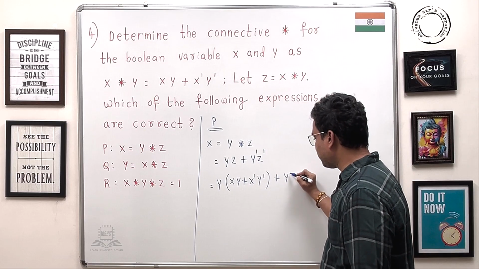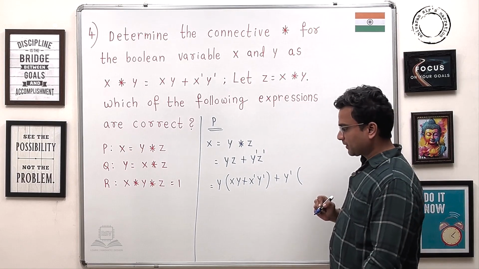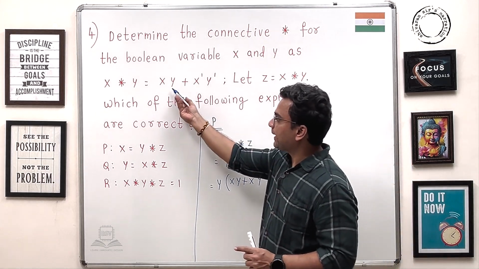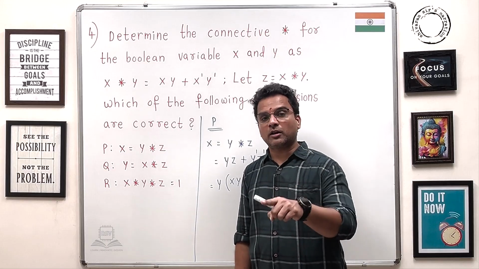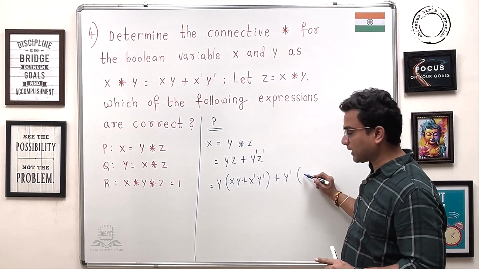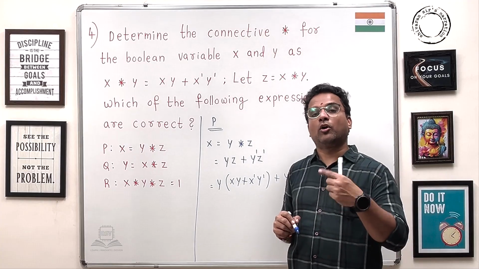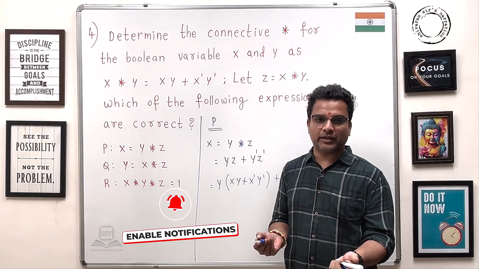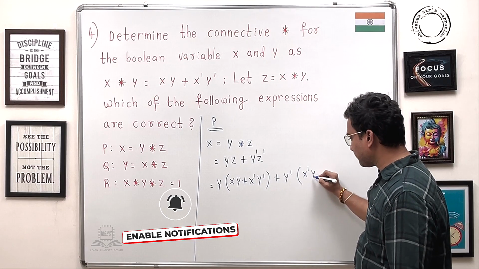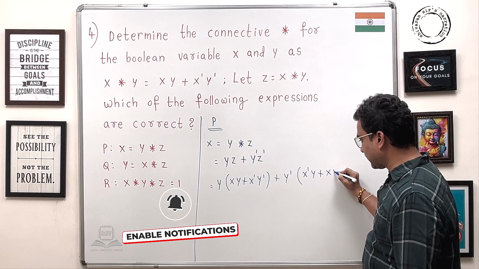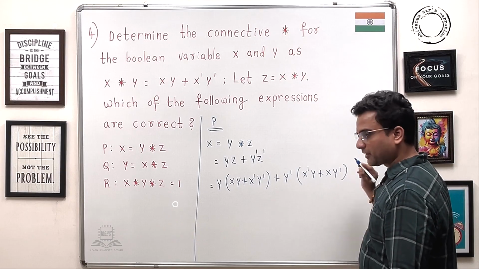plus y bar into, guys, hope you know this is xy plus x bar y bar, which is XNOR operation. If you take z bar, XNOR whole bar will be XOR only, hence you can write it as x bar y plus xy bar. Got it?